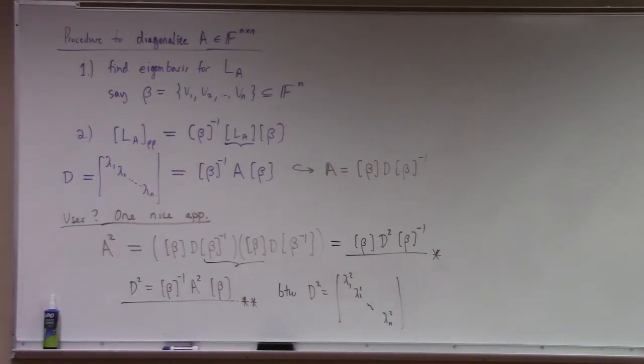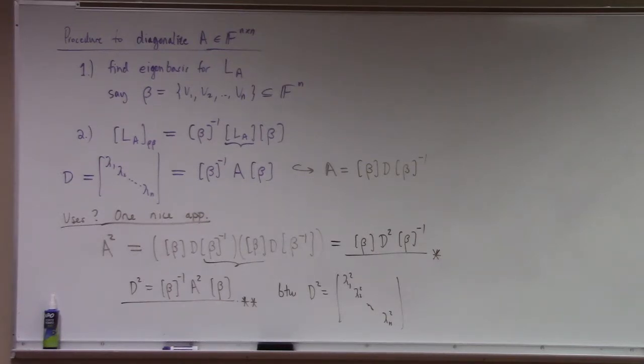It's very easy. Is it easy to square an arbitrary matrix? Not so much, right? So you see that if we are willing to use this eigenbasis trick, we can easily square a matrix by simply squaring the diagonal matrix corresponding to A and then multiplying before and after by the appropriate change of basis matrix.